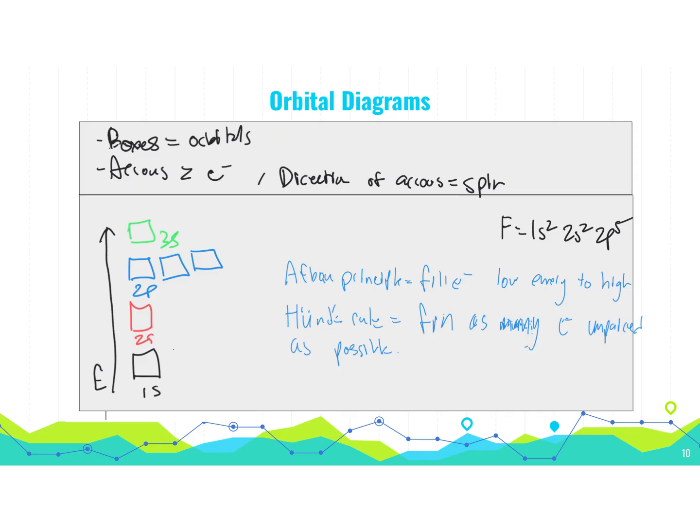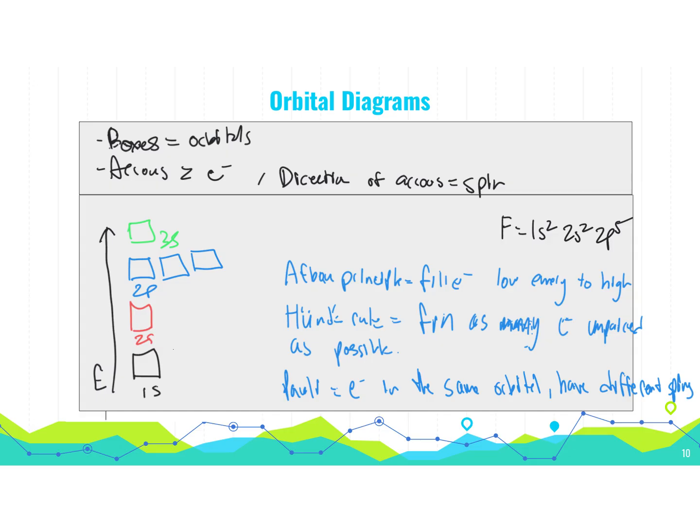Then the final one is the Pauli exclusion principle, which says that electrons in the same orbital have different spins. And so in one orbital, you cannot have two electrons that have the same spin.